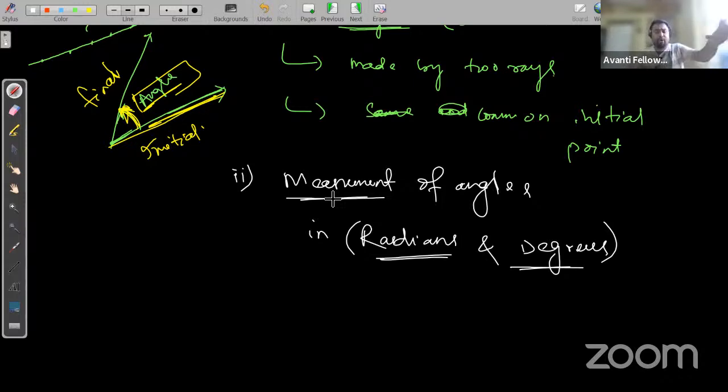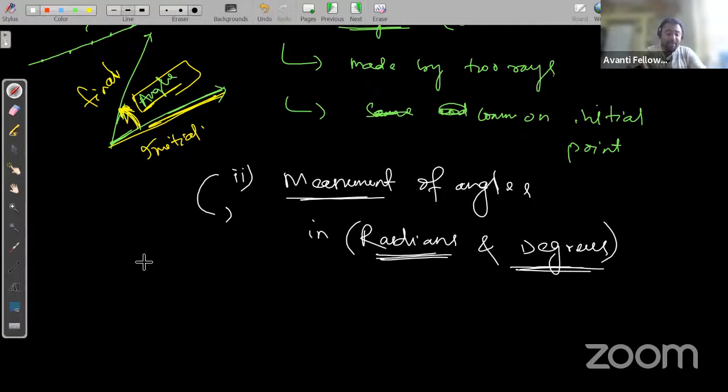That is a unit of sugar. Like that, we also have units to measure angles, and those units are radians and degrees. So we'll cover in the second portion of trigonometry the measurement of angles in radians and degrees. Next, in trigonometry so many things we need to cover actually.